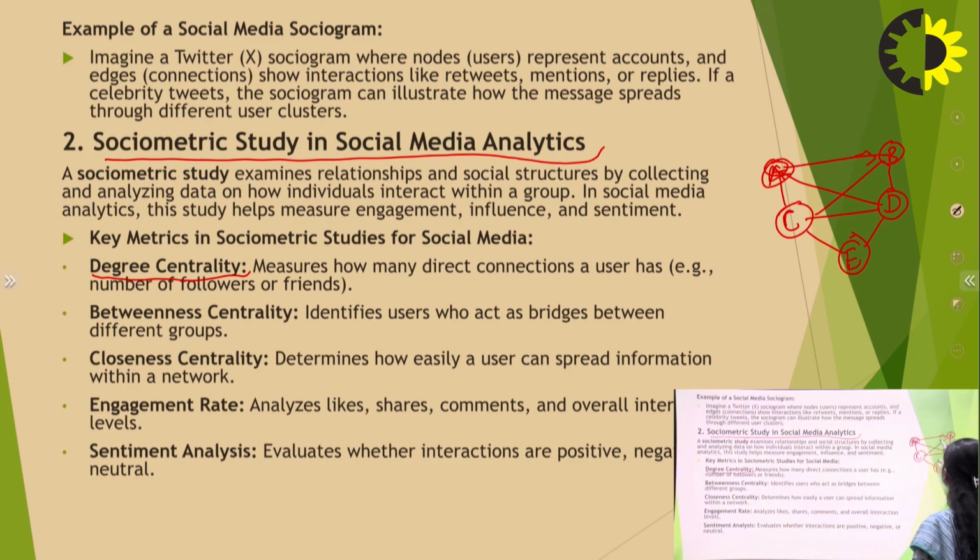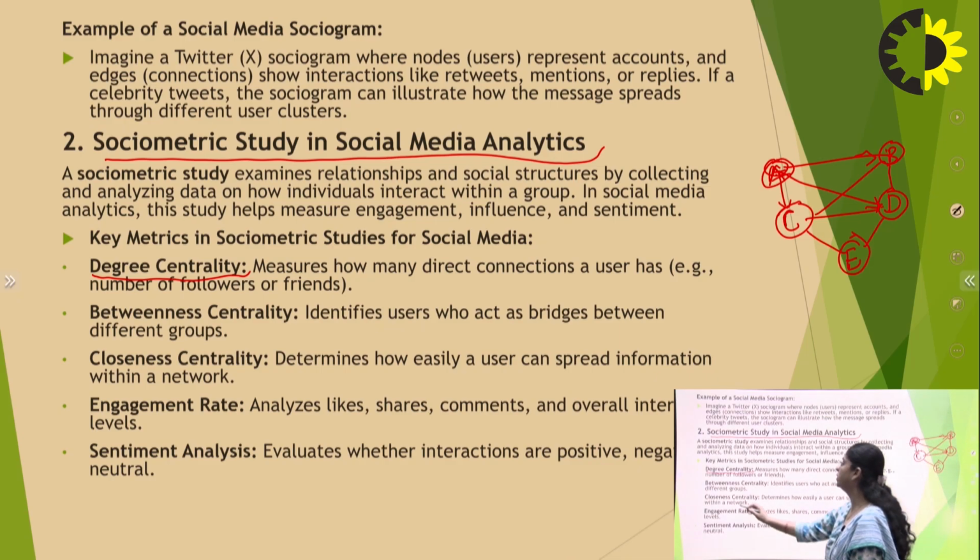A is connected to B, A is connected to C, A is connected to E. So directly A is connected to 3 particular users. So the degree of centrality of A is 1, 2, 3. So we measure the degree of centrality on the basis of the number of followers or friends.